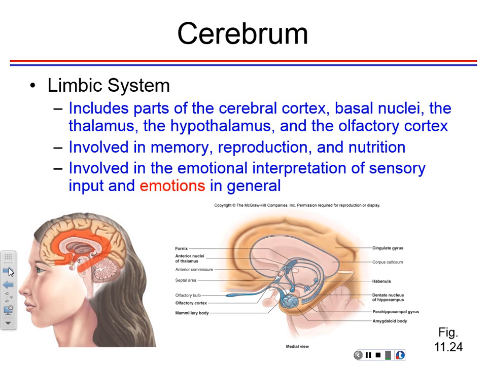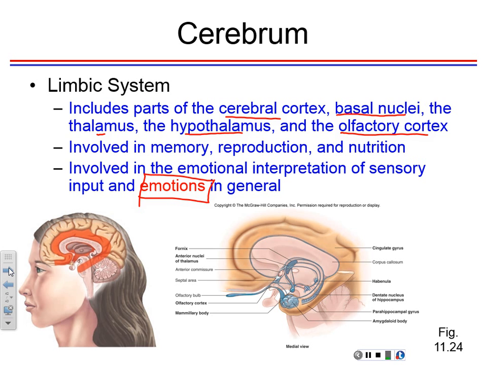What parts are involved? The cerebral cortex, the basal nuclei, and the thalamus, since pretty much all the senses go through the thalamus except smell. The hypothalamus, with all the stuff it controls, like hunger, thirst, blood pressure, all this visceral activity. And the olfactory cortex, which deals with smell. When you put it all together and connect it, it forms the limbic system.